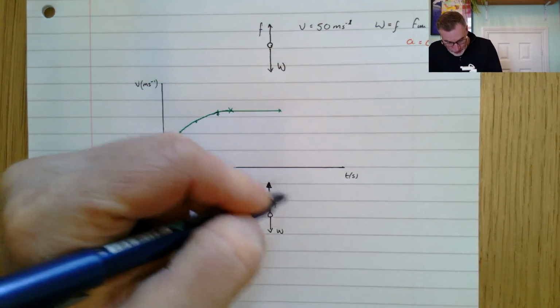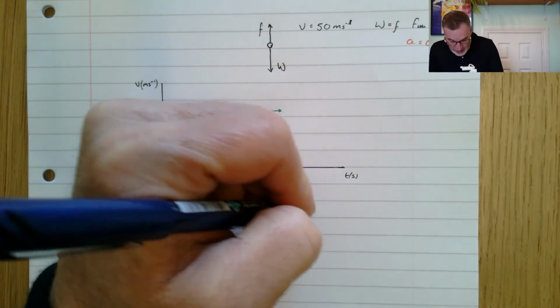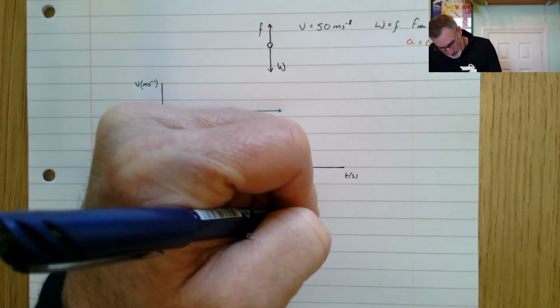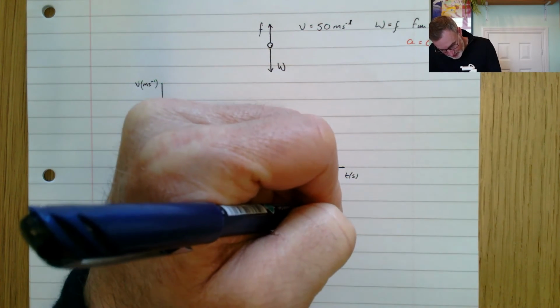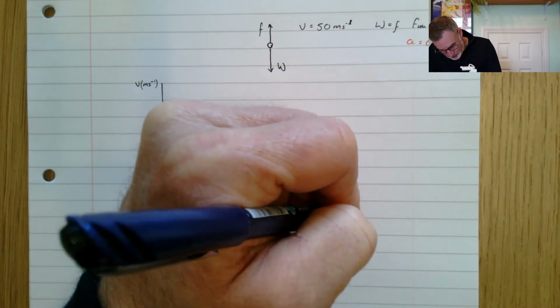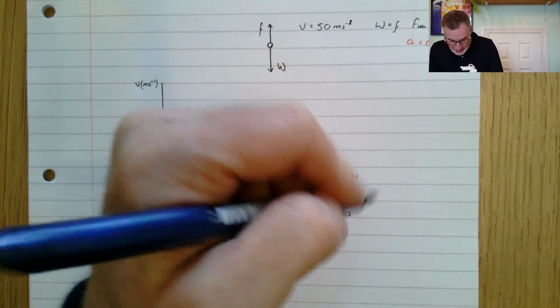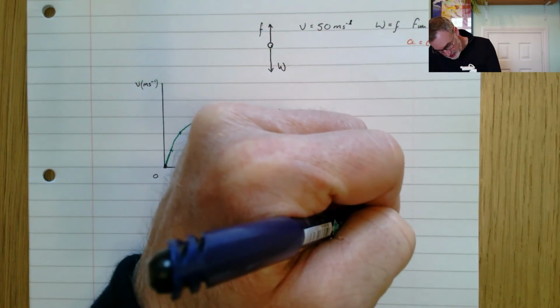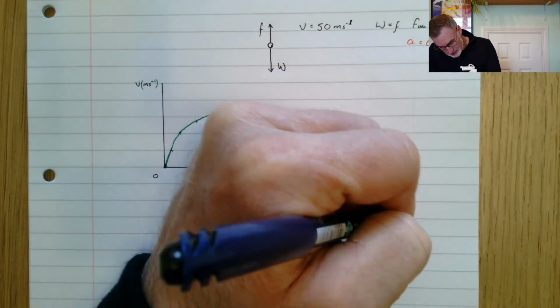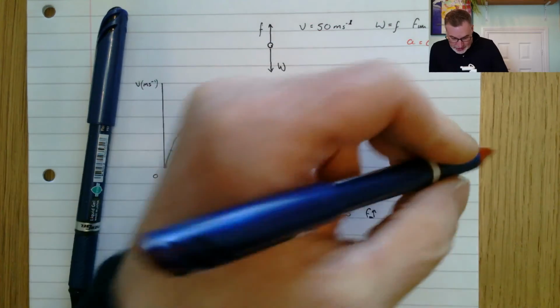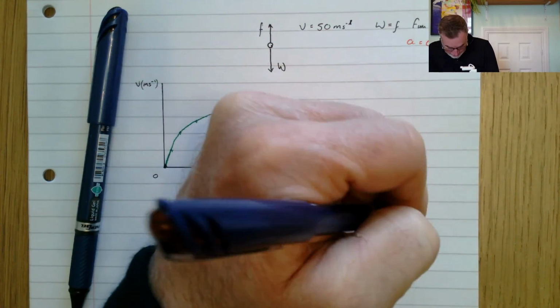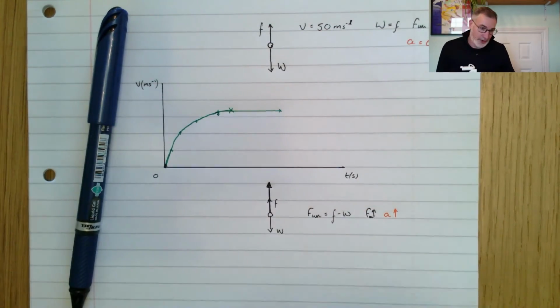And so now we have a bigger frictional force than weight, and so our F un is going to be friction minus weight. And this will cause an acceleration, but an acceleration in the opposite direction to the motion, or a deceleration.